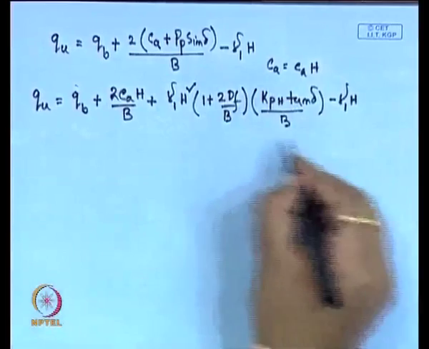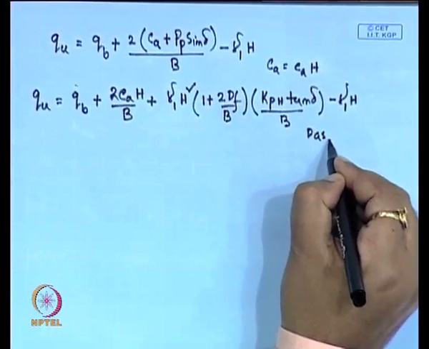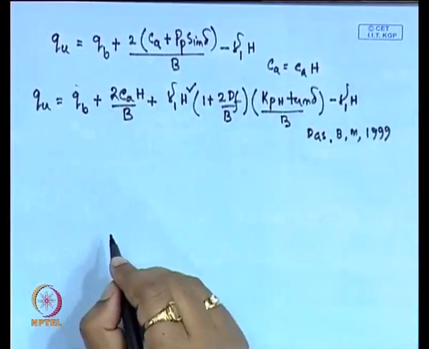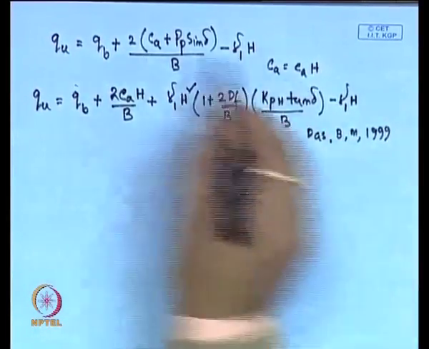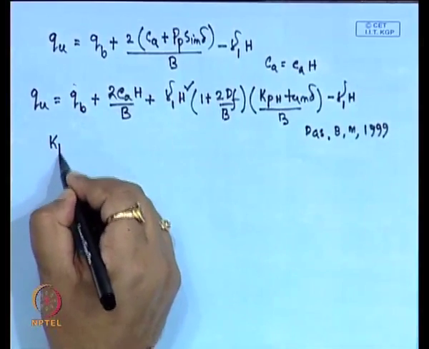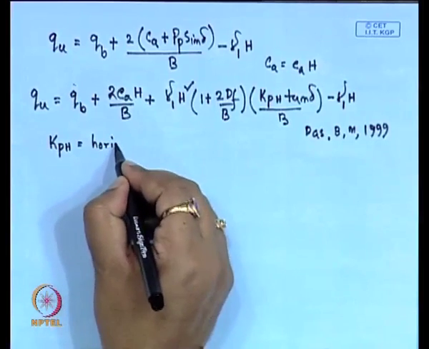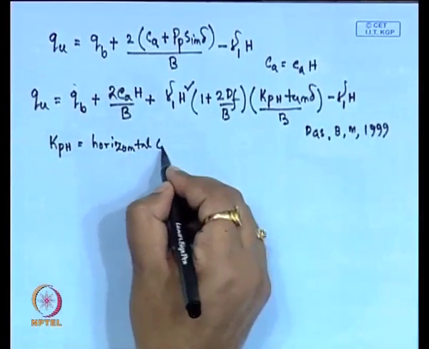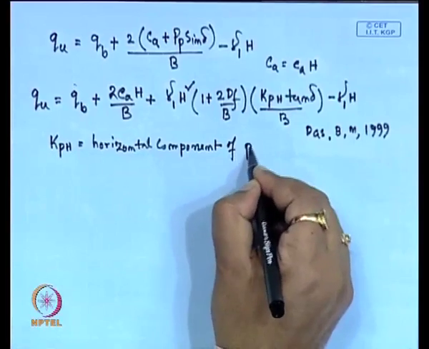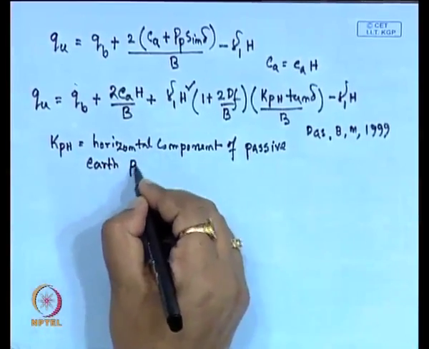Now, these expressions again we are taking from the book by B. M. Das, 1999. So, this is the final form of the expression that we are using, where K p h is the horizontal component of the passive earth pressure coefficient.